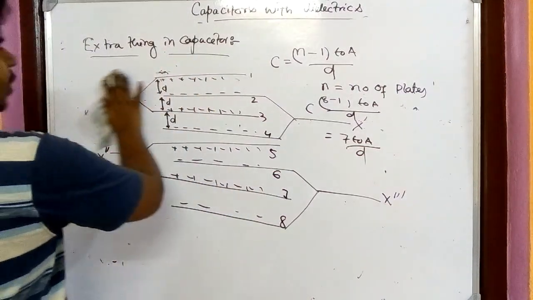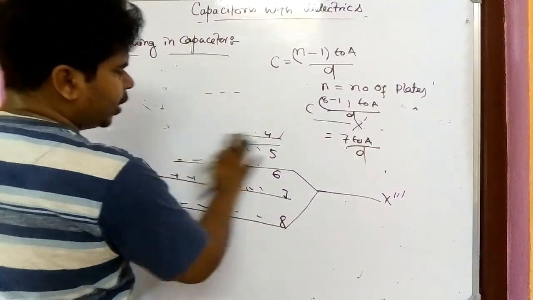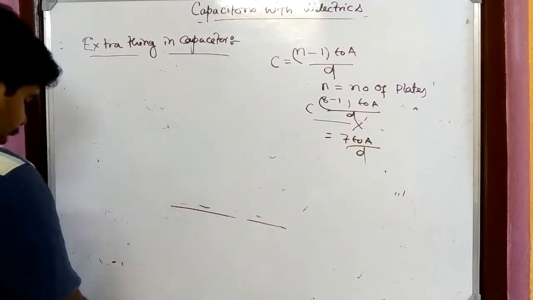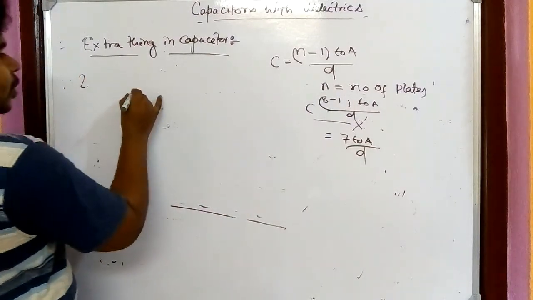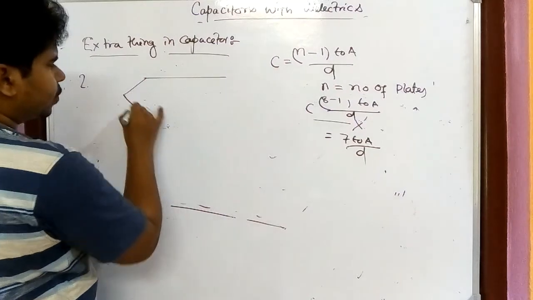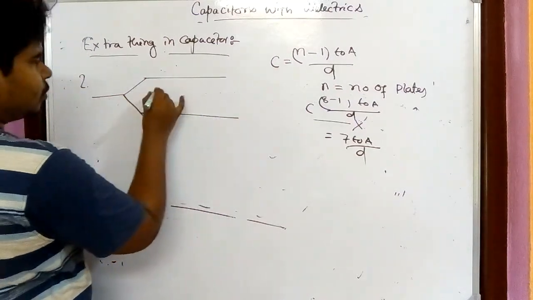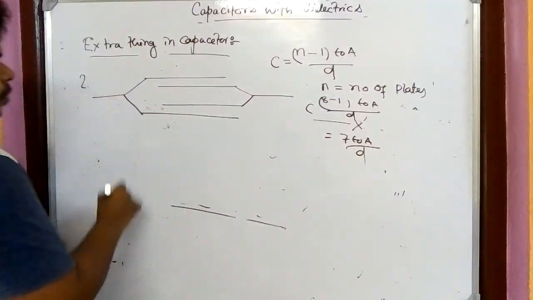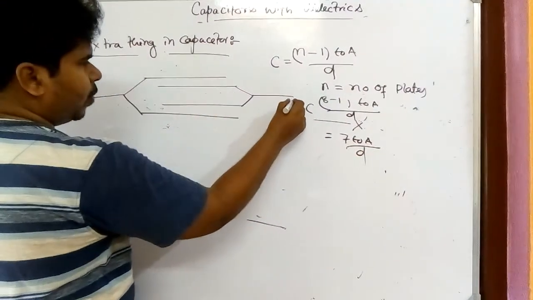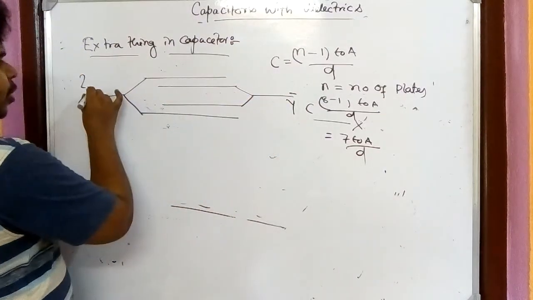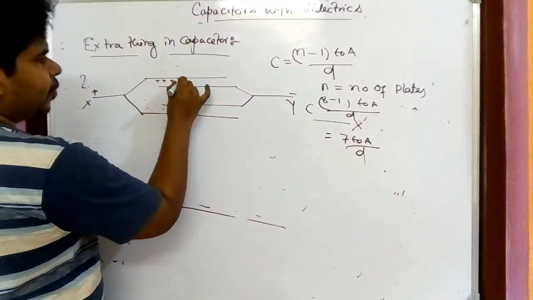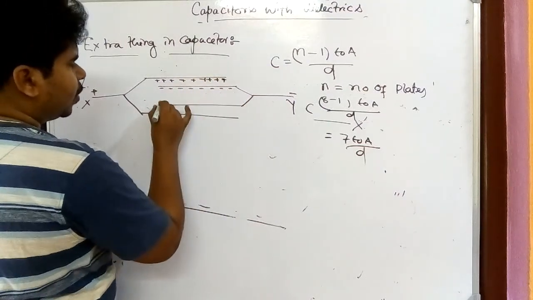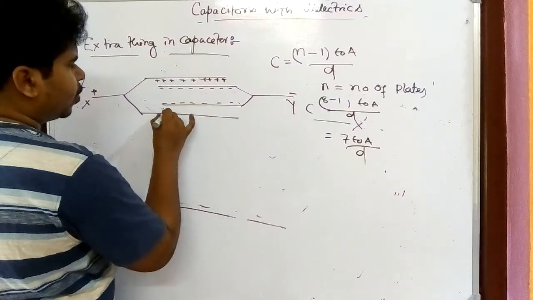Instead of this, if it is kept this way, it is only one type that I am just going to show you now. That is number 2. Assume it is x, it is y, it is connected with negative, it is positive, so it is positive, it is negative, it is negative, it is positive.